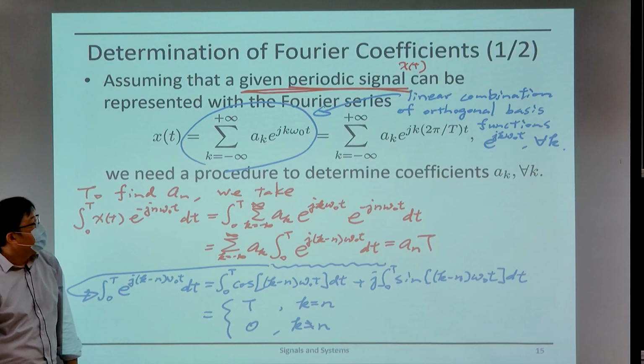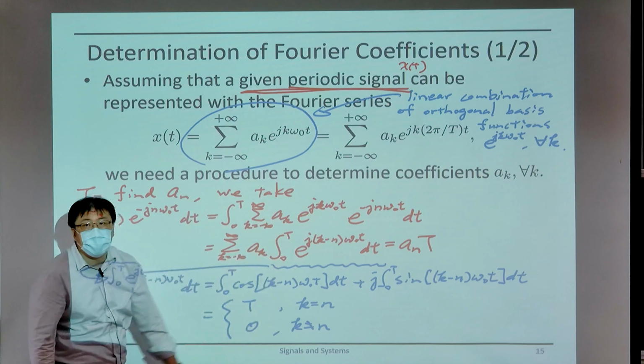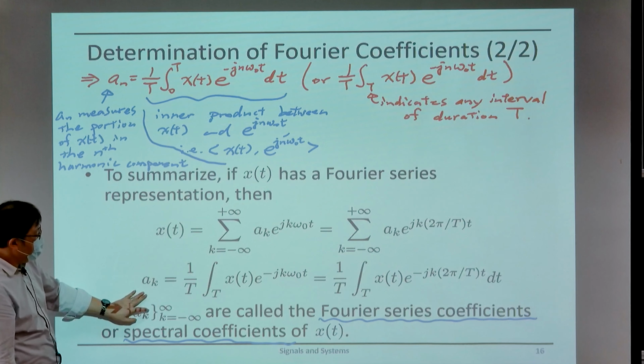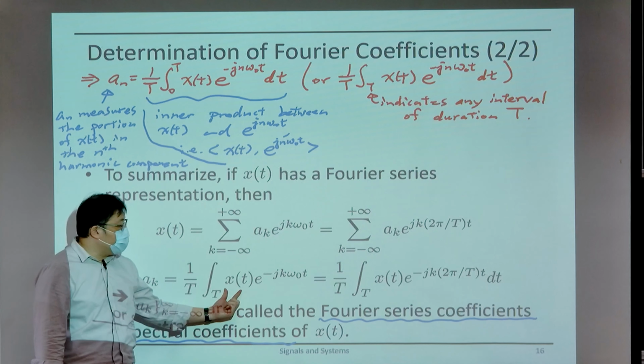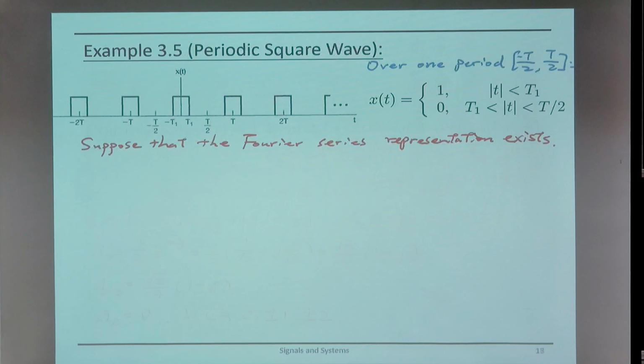Then the question is, how do we find the coefficients a_k? We learned here that we can find the coefficient a_k by taking this inner product between x of t and the corresponding complex exponential.